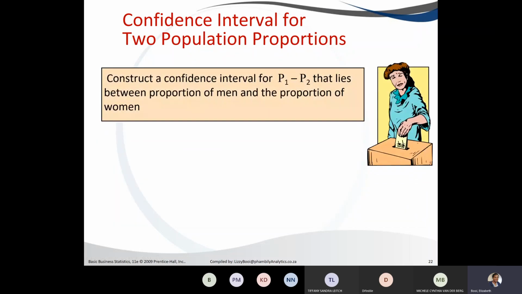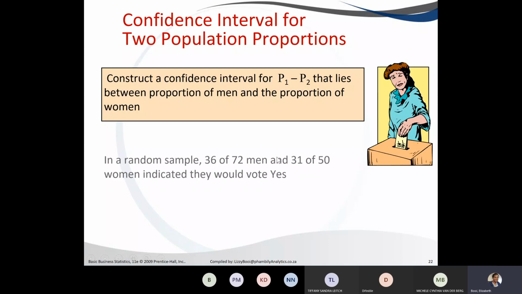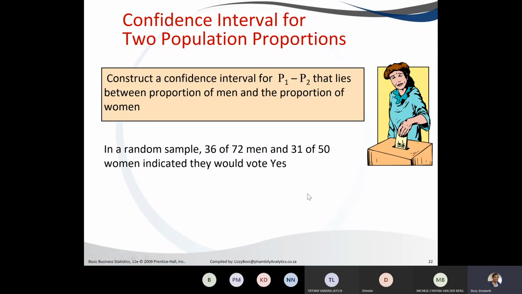So let's look at how we do this calculation. If we want to construct a confidence interval that lies between the proportion of men and the proportion of women, we are given that 36 out of 72 men will vote yes, and 31 out of 50 women will vote yes. At 5% level of significance, we need to test this.